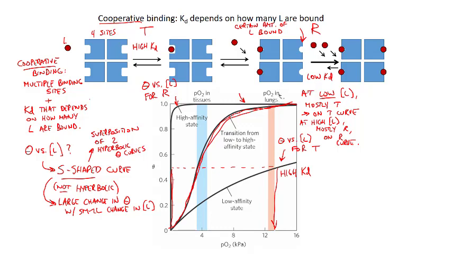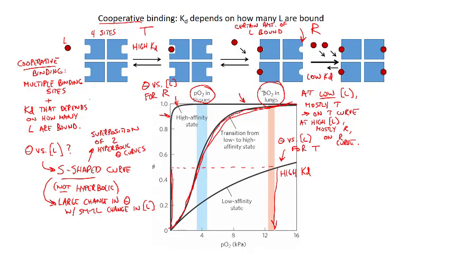So for the case of hemoglobin, if you're breathing normal air, the pressure of oxygen in your lungs is way out here, and your hemoglobin is going to be essentially saturated with oxygen. But then when you go out into the tissues where the concentration of oxygen is much less, right, you need the hemoglobin to let go of that oxygen so that your tissues can be fed with it. Now, if we just had a regular non-cooperative binding protein, like the R state curve, what would you notice?